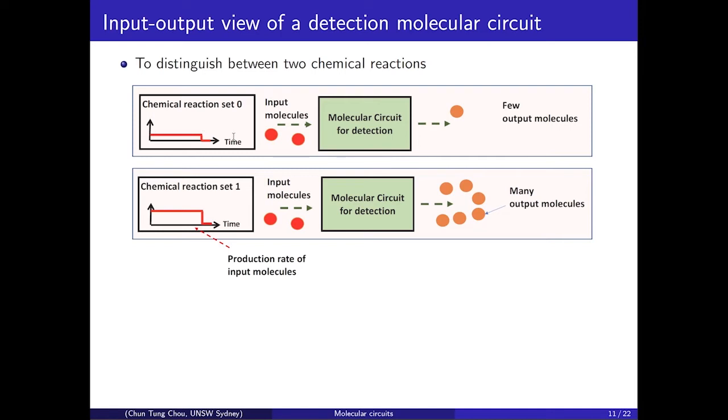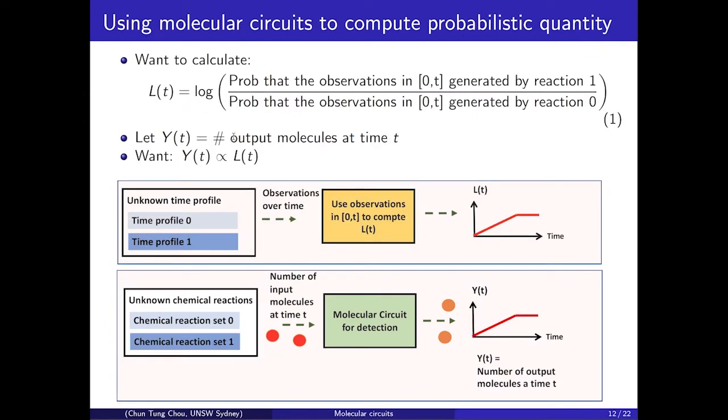Now, the view that I've given on the last slide is a very simplified one. Since a molecular circuit is actually a dynamical system, we want this detector circuit to work in a dynamic way. So let's consider the computation of a log likelihood ratio.